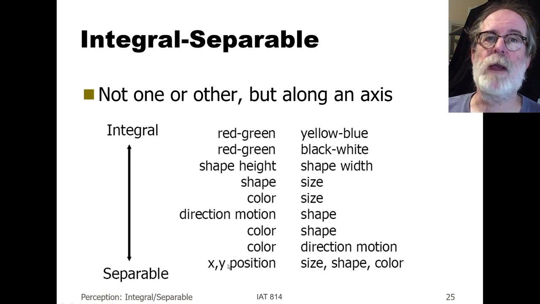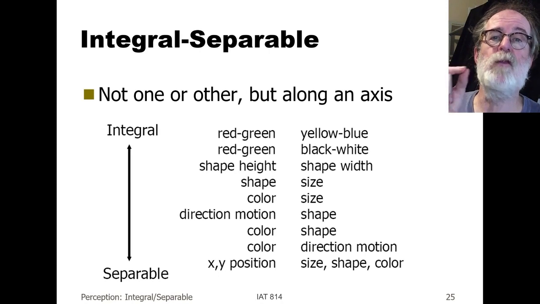We can also pick off X and Y position from the size or the shape or the color of the individual glyph mark. So if you're plotting squares, circles, and triangles at different XY locations, you can easily tell that the X value of this one is different from the X value of the triangle is different from the X value of the circle.